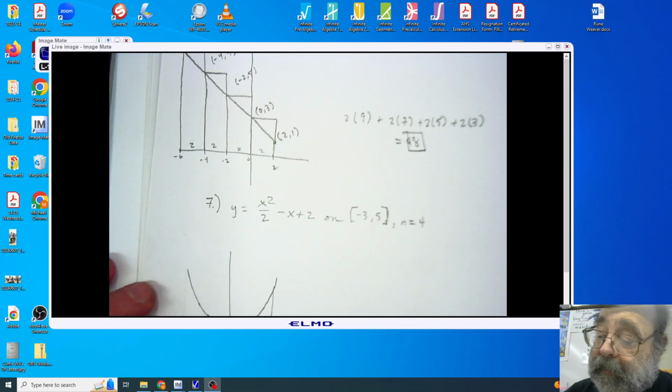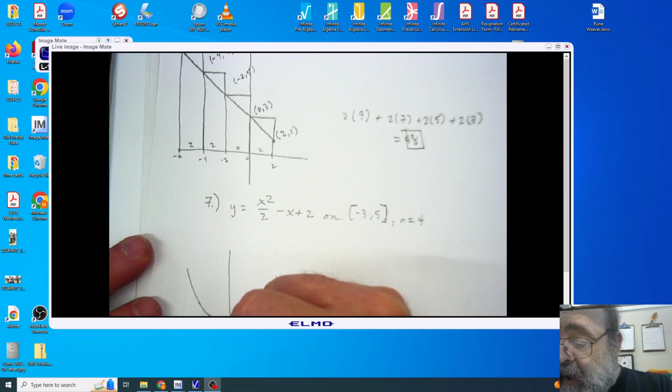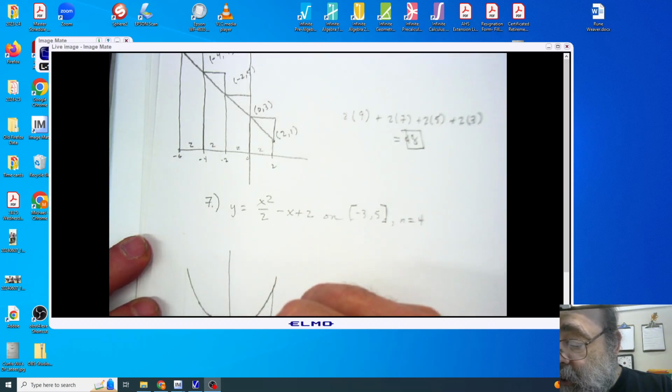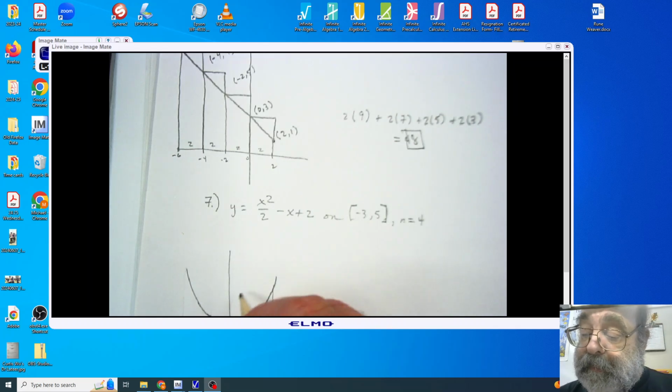That'll have to work. It's not the best, but it will work. So here's my negative 3, here's negative 1, 1, 3, and 5. Alrighty, so we're now looking at 1 is giving me 3/2.